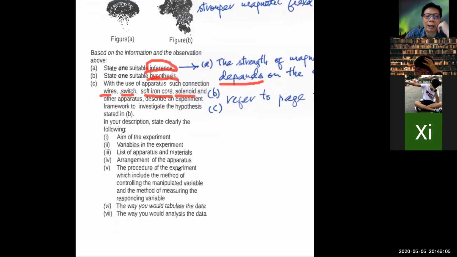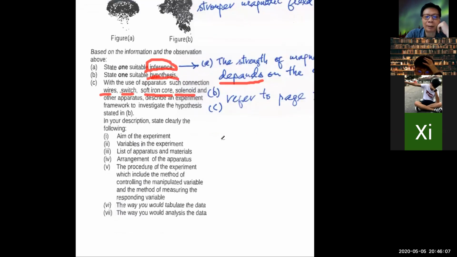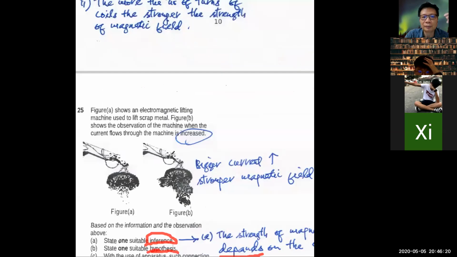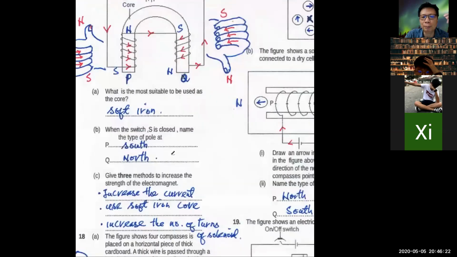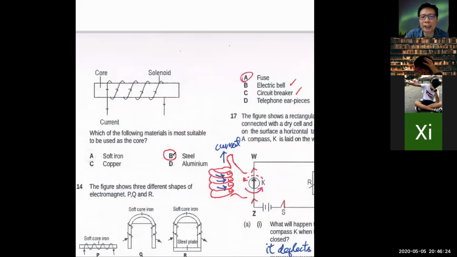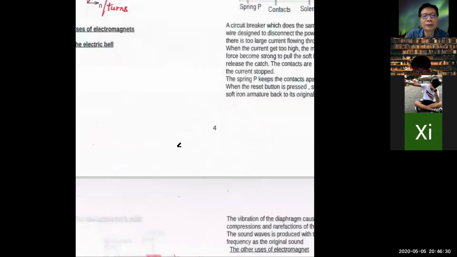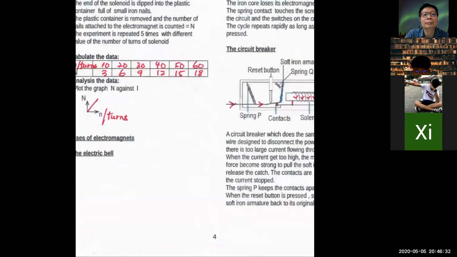The rest are variables. All these are in the experiment we already discussed. Let's go to the answer. You refer to page 3. You can look at your paper, page 3. The experiment is there. I just want to tell you something now. What to write, you can write later. Page 3 is here.